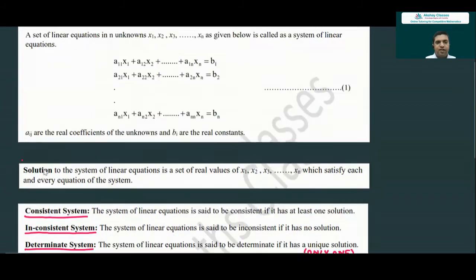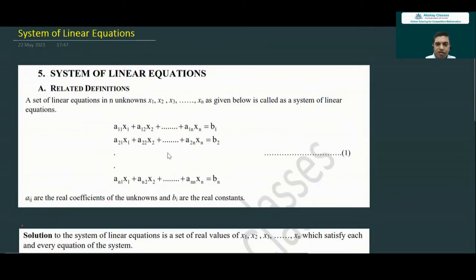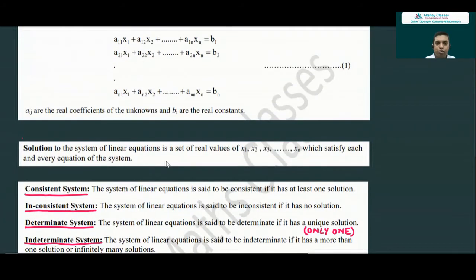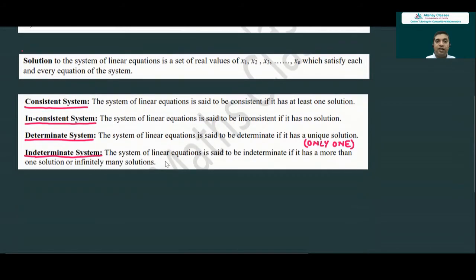So first, what did we learn? What is the definition of linear equations? System of linear equations. What is meant by solution of the system of linear equations? When the system of equations is called consistent, inconsistent, determinate, indeterminate.